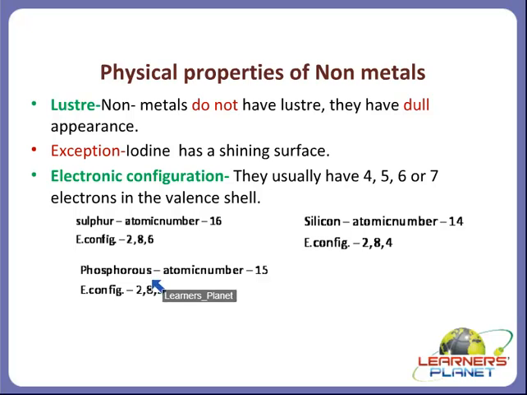Now phosphorus, what is the atomic number? It's 15. What would be its electronic configuration? 2, 8 and 5. So how many electrons does it require to complete its octet? It requires 3 electrons.